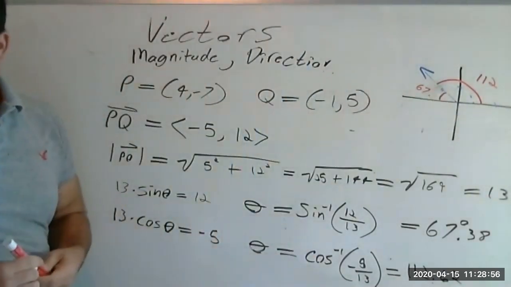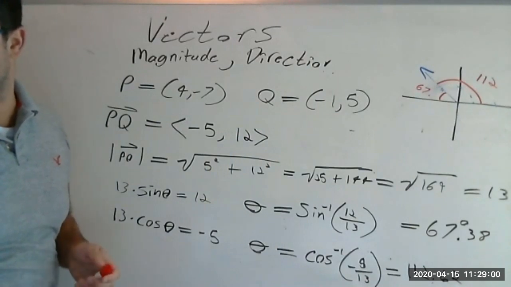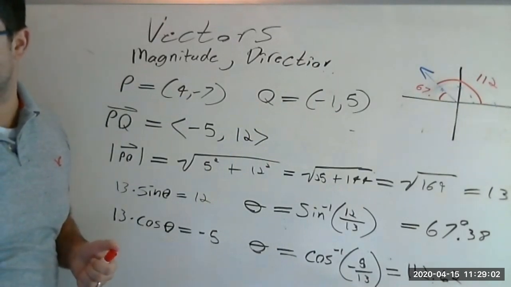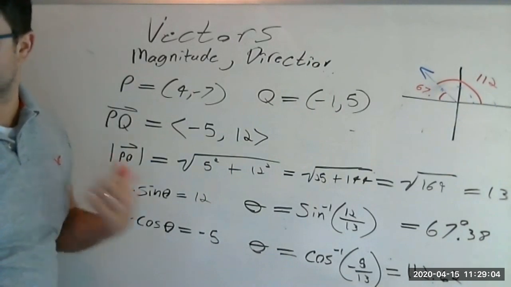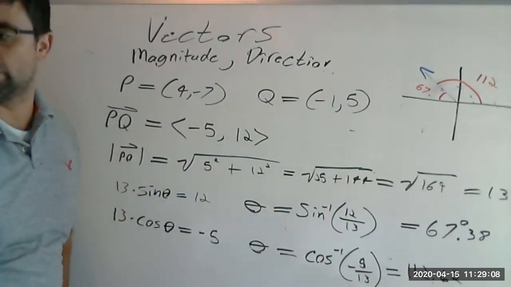So this is what you have to keep in mind: what does the equation that you're putting in actually try to give you? Because it won't always just give you the answer.